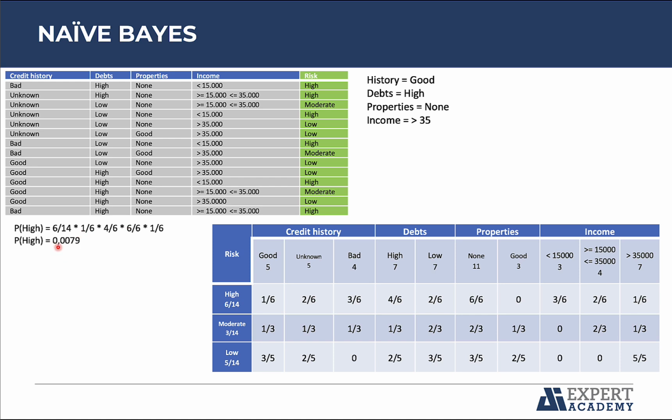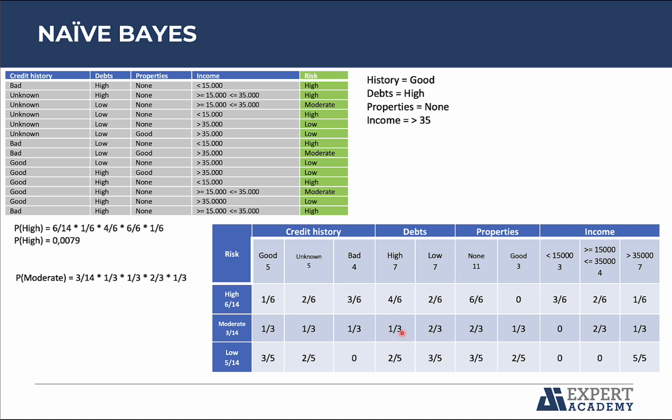The value is 0.0079. Now we need the same for the other classes. The probability for the risk to be moderate, 3 divided by 14. History good and moderate, 1 divided by 3.